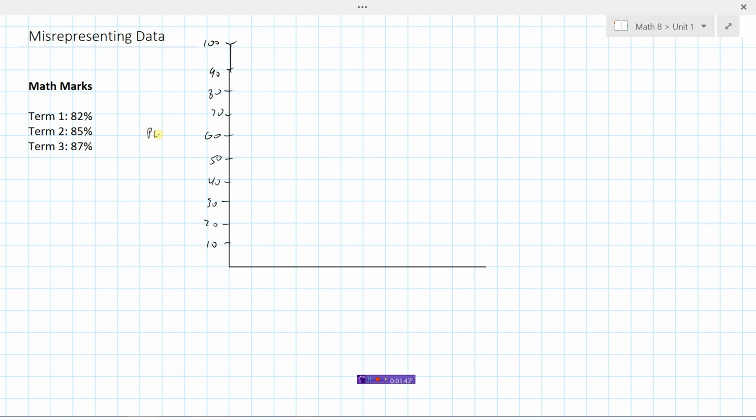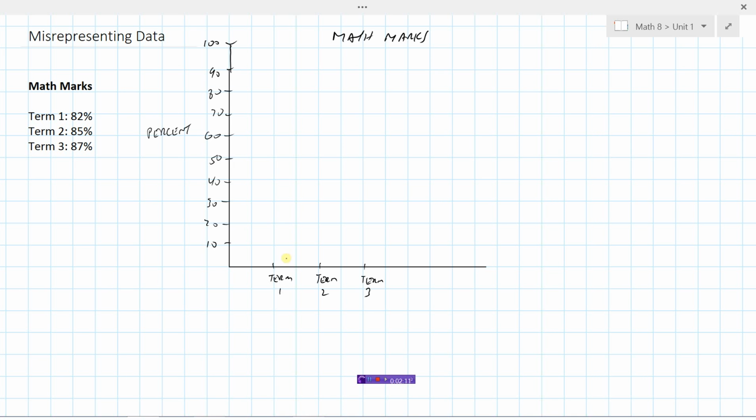I would label this percent. My title would be Math Marks. And down here I'm going to put term 1. I'll leave a bit of space and do term 2 here and term 3 here.